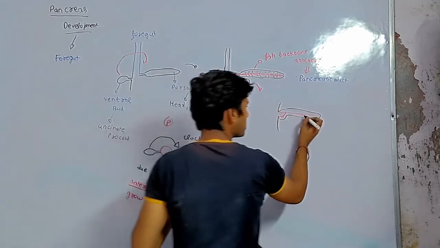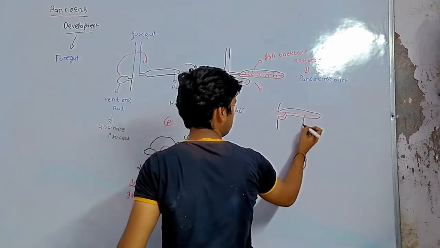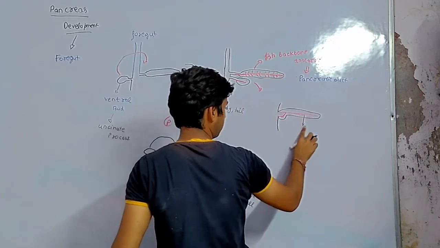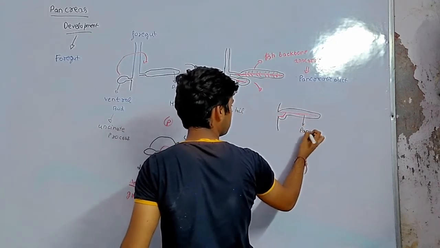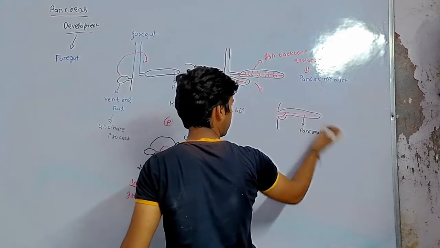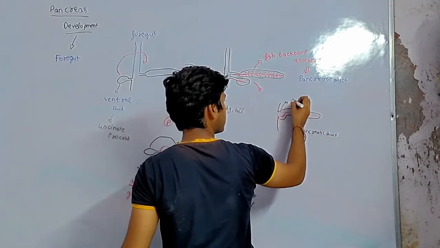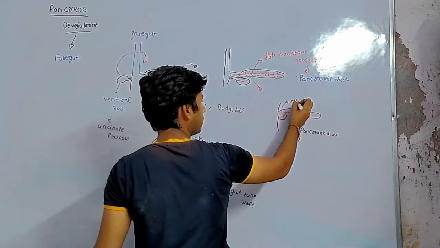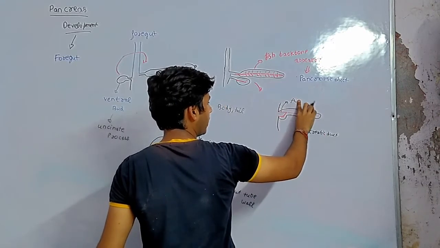So this pancreatic duct, this is the accessory duct inside the head. The accessory duct is called the duct of Santorini.